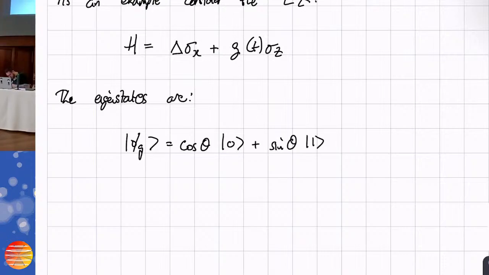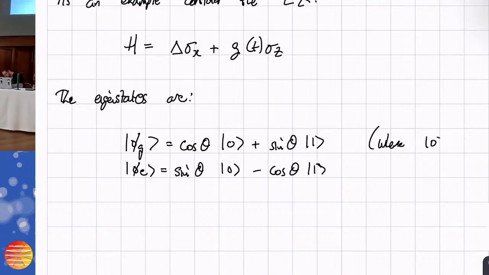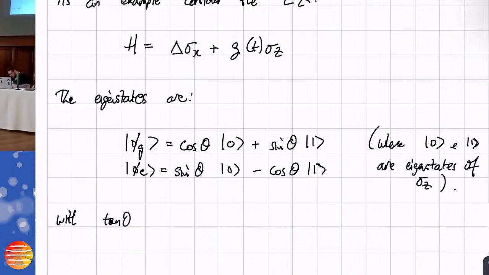And my excited state is sine theta 0 minus cosine theta 1, where I'm assuming 0 and 1 are eigenstates of sigma z, with tan of theta given by minus g of t plus the square root of delta squared plus g squared, divided by delta.